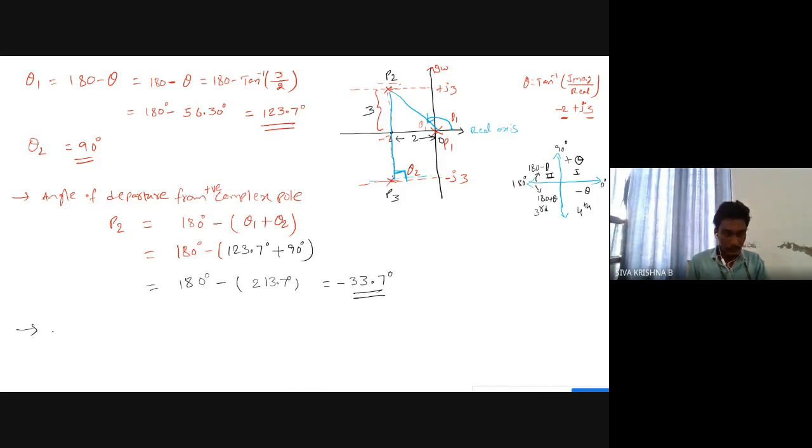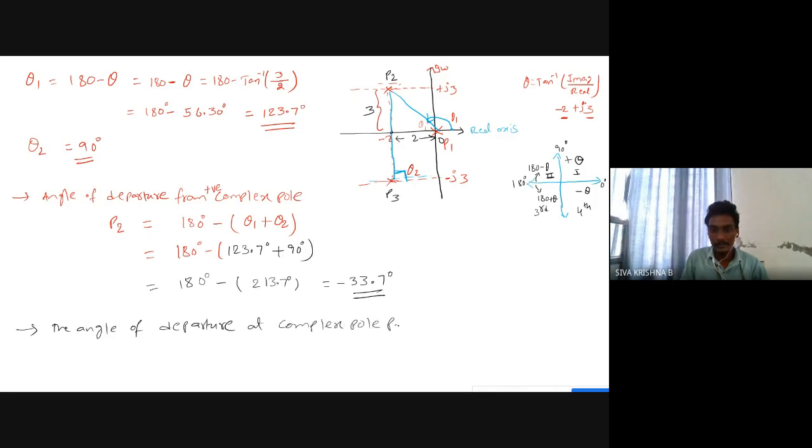So the angle of departure at complex pole P3 is the negative of the angle of departure at complex pole P2.